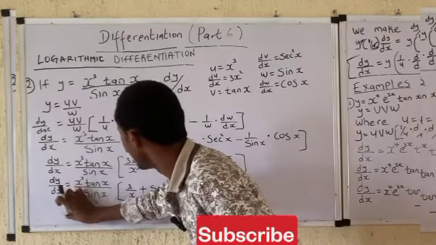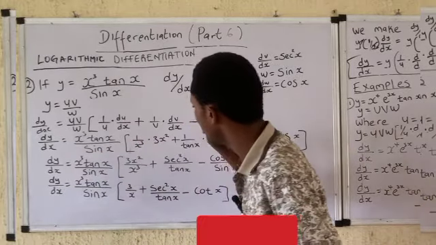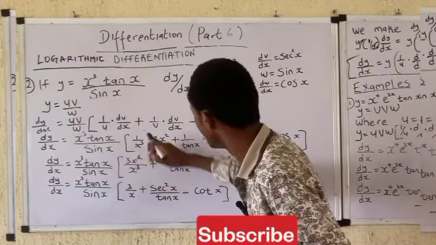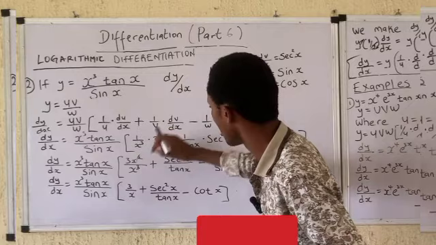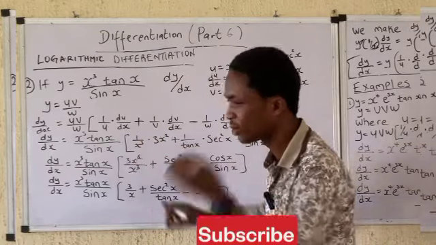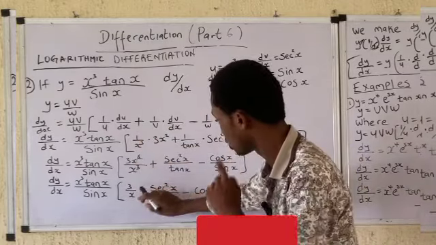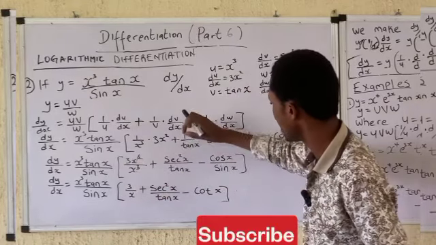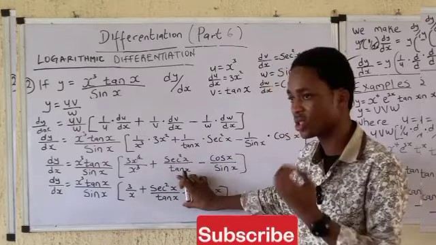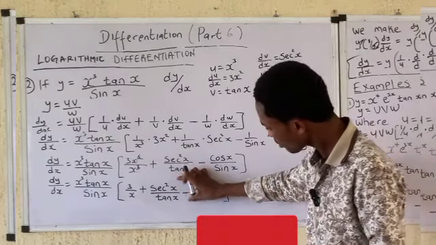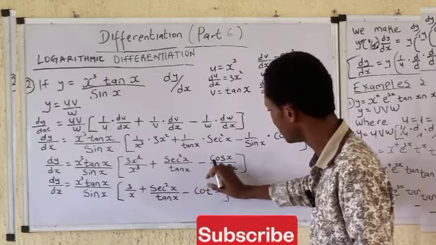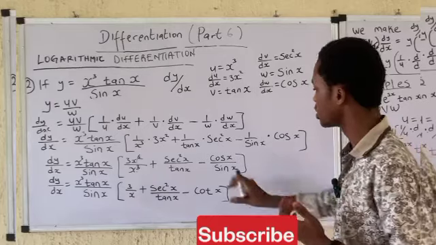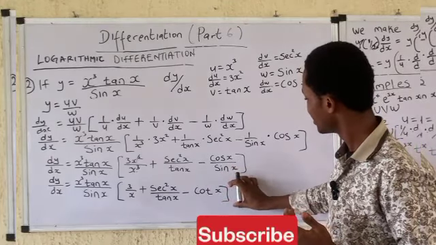Now dy dx equals x raised to the third power tan x all over sine, bracket open, 3x raised to the second power all over 3. And now just remove 2 from 3, which will give us 1. That's how we got this one. 3 all over x plus sec square x and x, repeated because there's no specific figure for that one. It still remains the same. Minus cos x all over sin x gives us cot x. It's our answer.